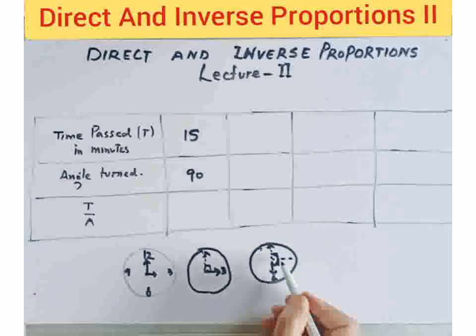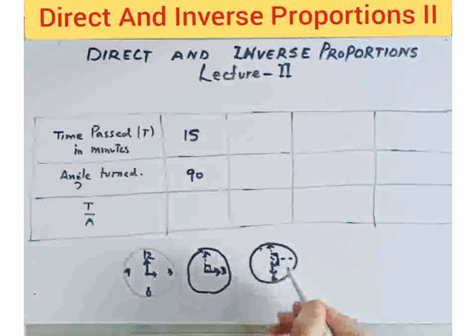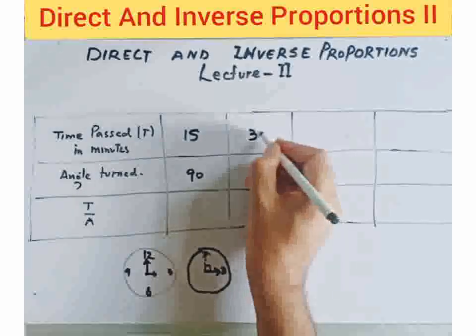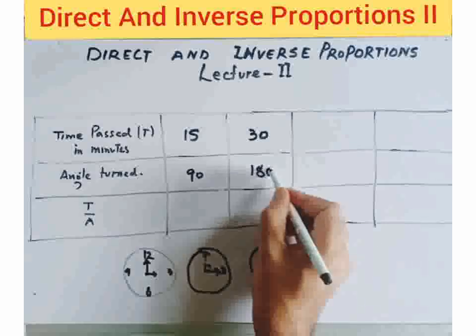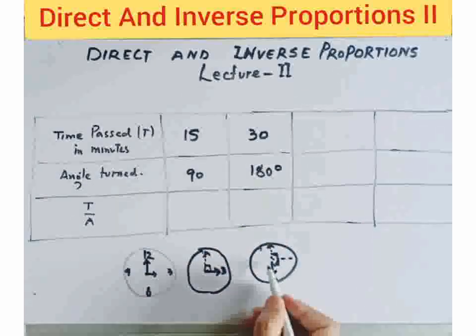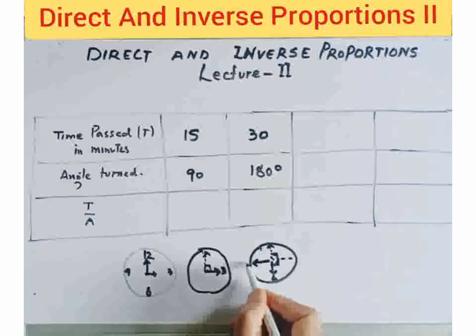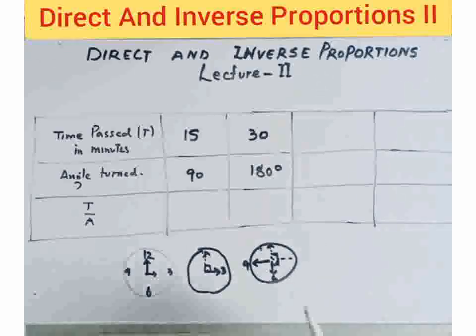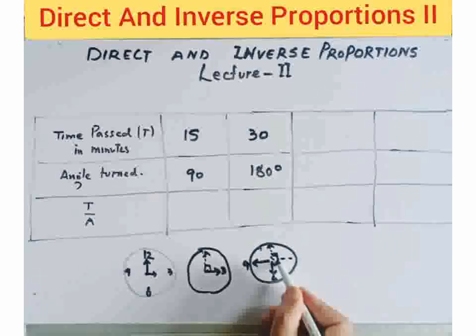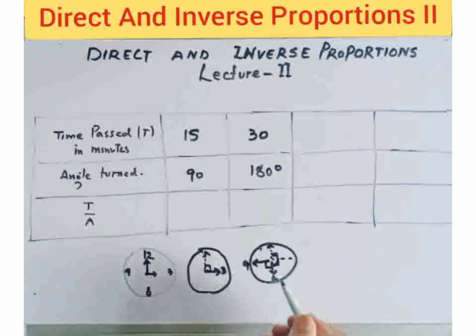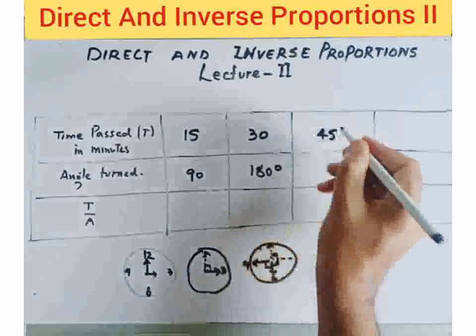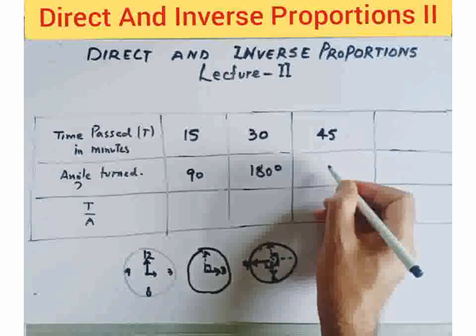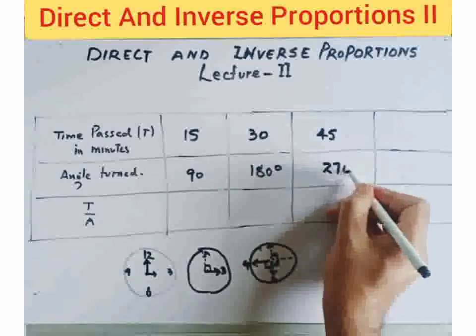That means at 15 plus 15, that is 30 minutes, half an hour, the angle turned will be 180 degrees. After the next 15 minutes, it will be at 9. So the angle turned will be 90, 90, 180 and 90, 270. That means at 45 minutes the angle turned through by the minute hand will be 270 degrees.